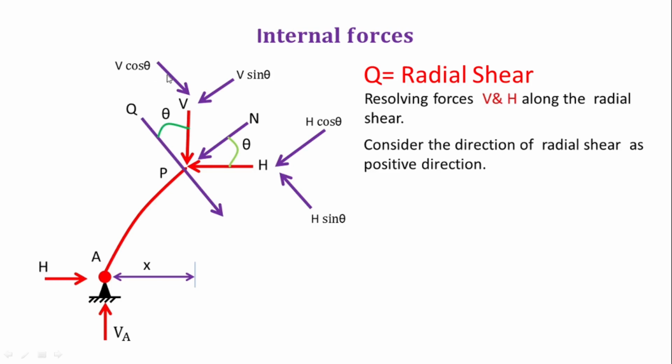V cos theta has the same direction as Q, so it is positive, and H sin theta is opposite to the direction of Q, so it is negative. In this way we get the value of the radial shear: Q is equal to V cos theta minus H sin theta.